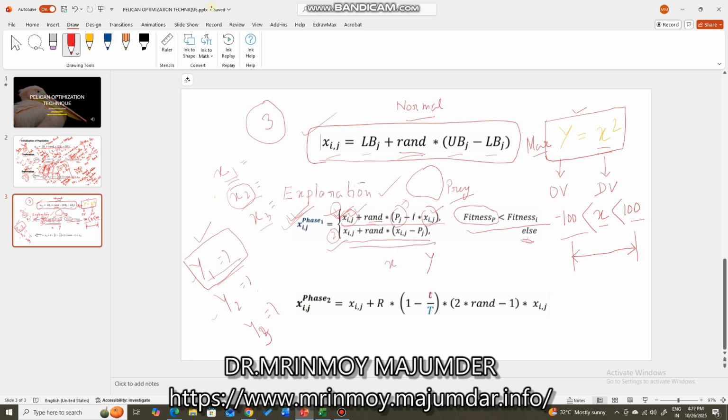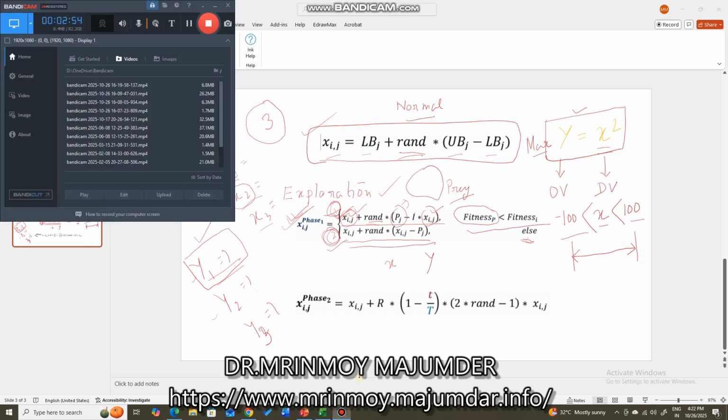I will not say that the old value of x will remain. You will use the value of x generated by the second equation. If there is a new value of x, that means you have used the first equation. If there is an old value of x, that means you have used the second equation. Okay, that will be more precise.